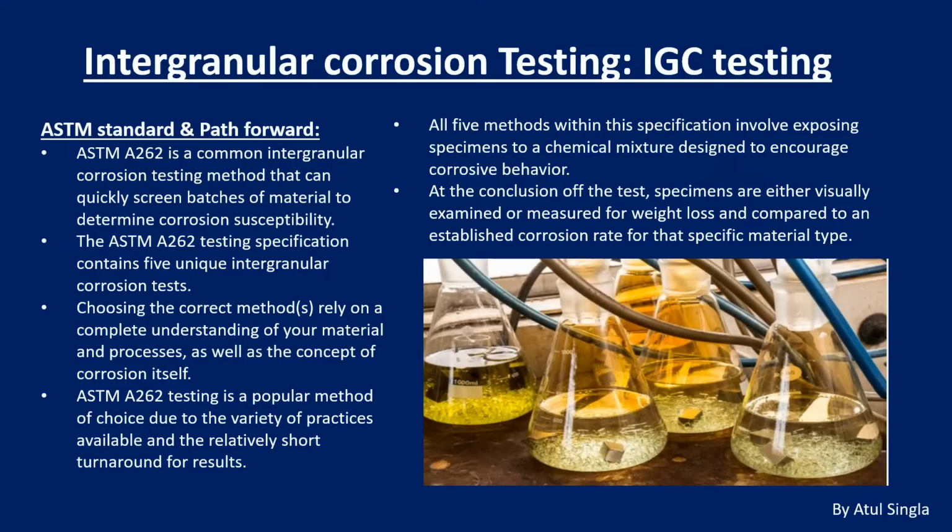Once we are done with the insertion for that time period, we can conclude the test by measuring the weight loss, or we can identify it visually also. So this is something which is defined in ASTM 262. Now let us look at these 5 tests, what acids are used, and what the basic criteria are.